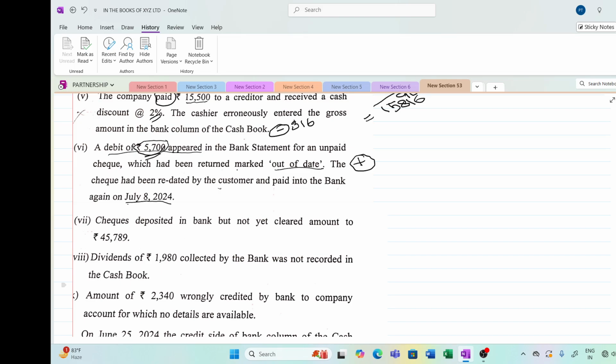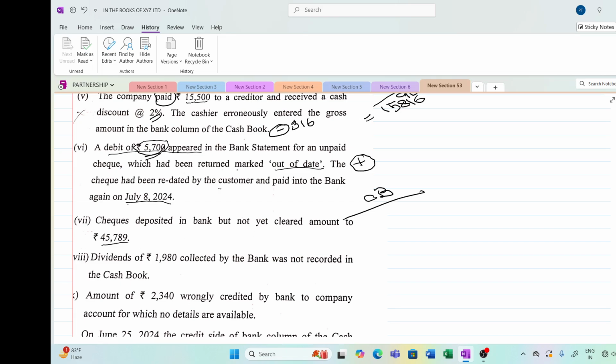Check deposited in bank but not yet cleared. The same thing, we have deposited some check for 45,789. The moment we deposit, the company XYZ Limited deposits the check, they would have decreased the overdraft by entering it on the receipt side. You understand, like this?